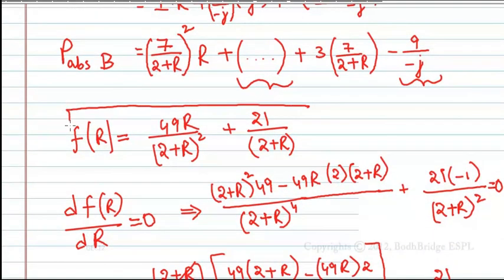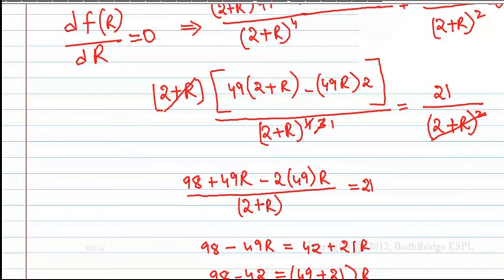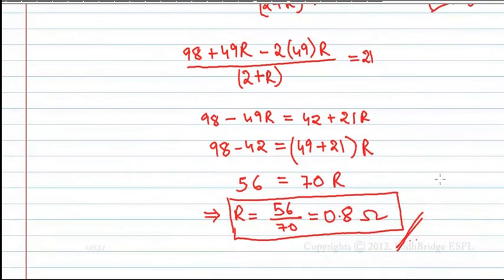The optimization problem is finding R for which power transferred from A to B is maximum. You write f of R, then df of R by dr equal to 0, and finally you will reach 0.8 ohm. This is a simple question.